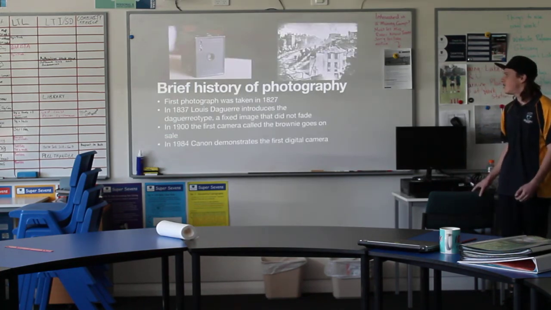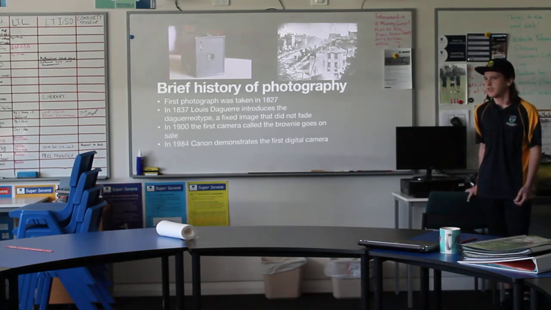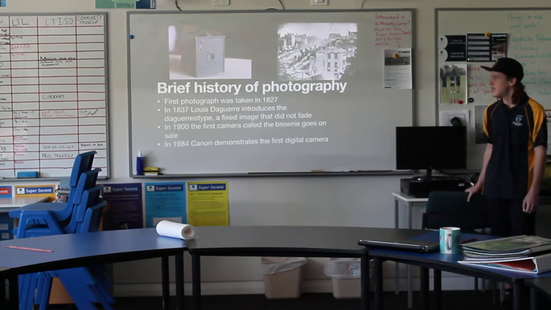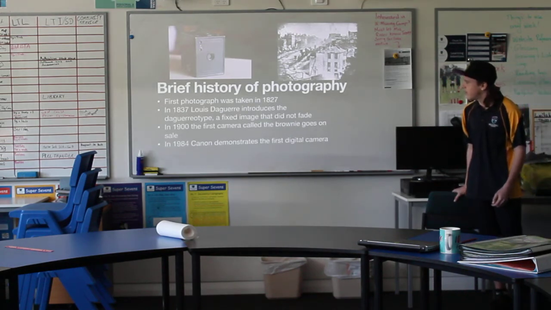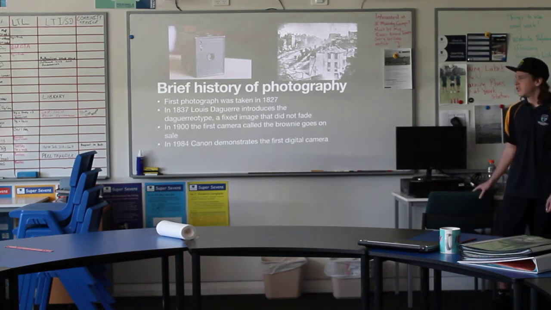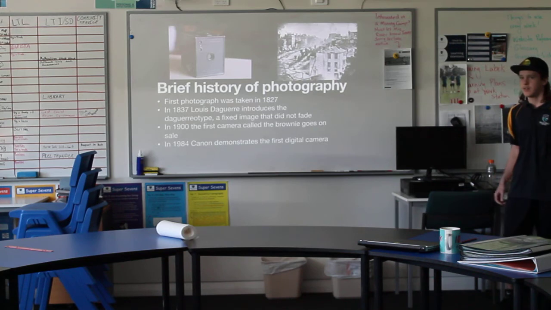So now let's give you a brief history of photography. The first photo was taken in 1827. In 1837, Louis, I'm not even going to try to say that, introduces some form of prototype. Like a photograph, but it doesn't fade.